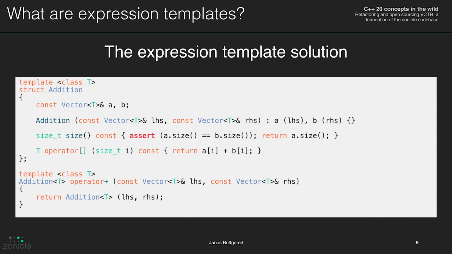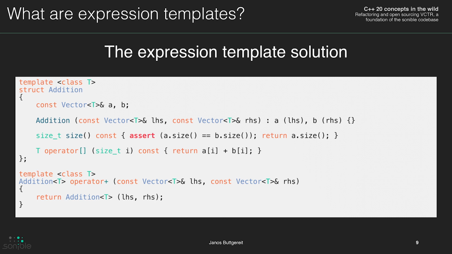It takes 2 references to the sources, as before, stores them internally, supplies a size member function, which just returns the common size of both vectors, and overloads the index operator, and it will return the sum of both vectors at a certain index. And then we can overload this operator plus function to just return an instance of this expression template.